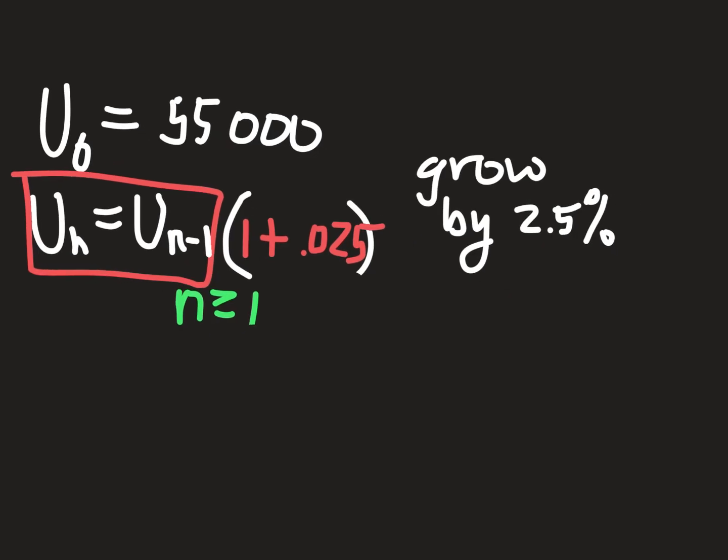Okay, so then can you put this in the calculator? That becomes the next question. And if you want to tell if you did it right, once you're done typing in the calculator, go to U sub 1, and hopefully it's just a little bigger than 55,000. So type it in the calc, then do U sub 1. Don't use the table, everybody.